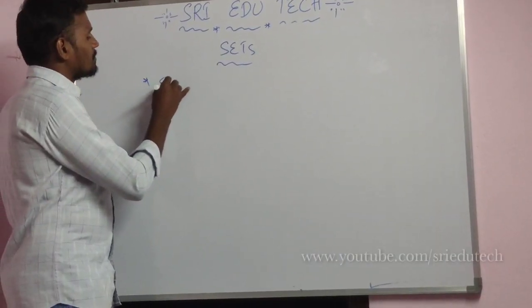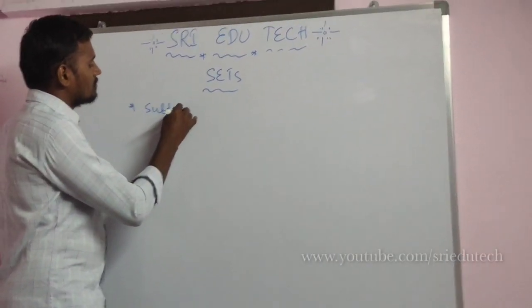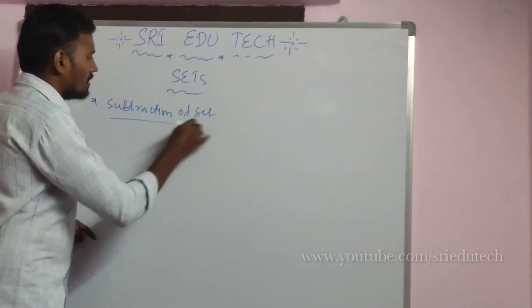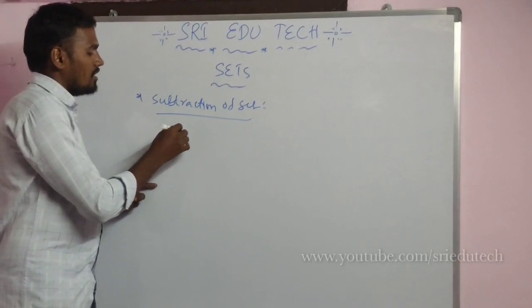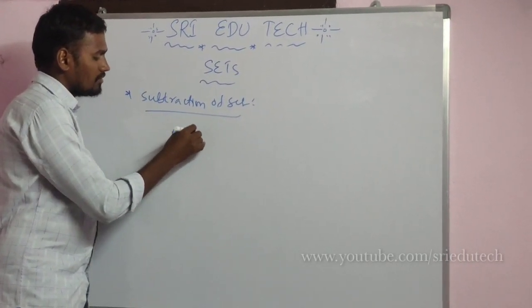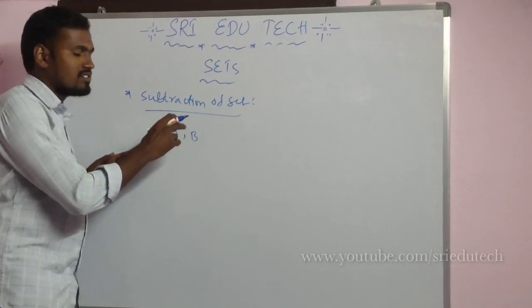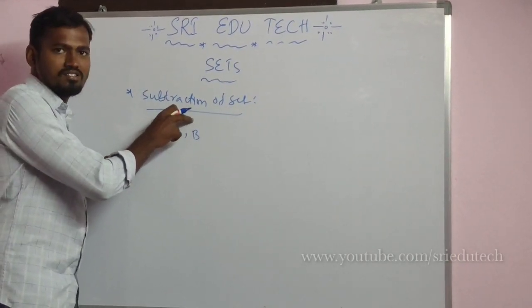Next, subtraction of sets. A, B are two sets. Subtraction of sets means, you know, subtraction means minus.